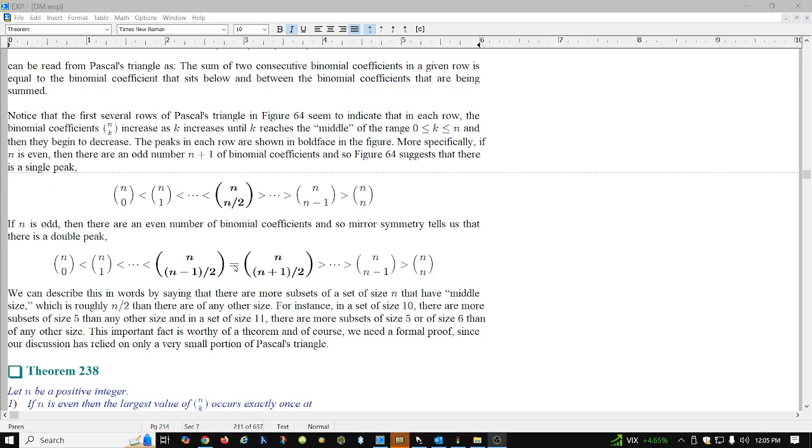When n is odd, we're going to have a double maximum value: n choose (n minus 1) over 2, and n choose (n plus 1) over 2. These are always equal. We know that because of choose what you choose, choose what you don't want. The sum of these two bottom numbers is equal to n.